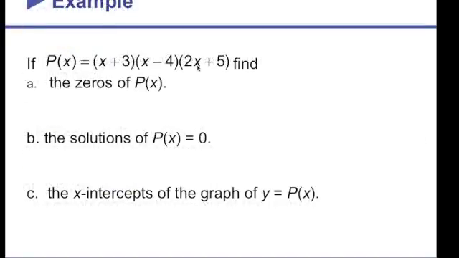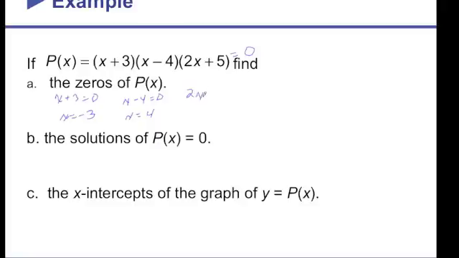Here we have a polynomial function in factored form, and we need to find the zeros. Basically we are saying that this polynomial function equals 0. That means x plus 3 equals 0, so x equals negative 3. x minus 4 equals 0, so x equals 4.